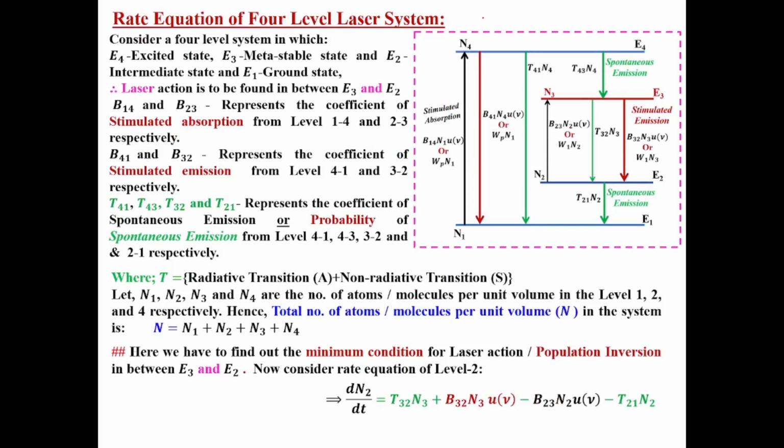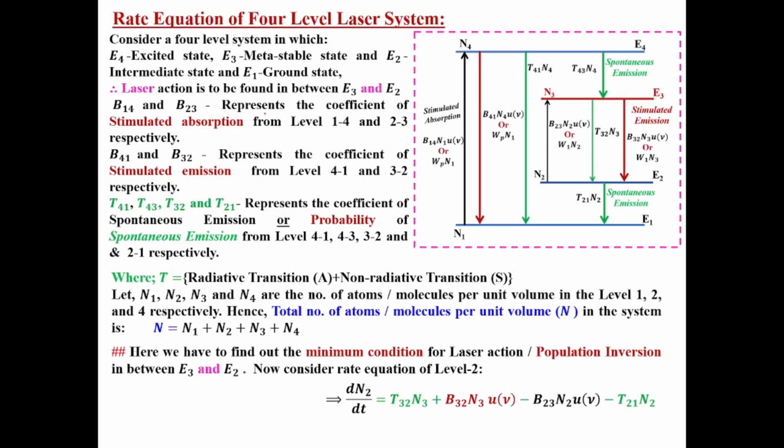So I suggest that before you watch this video, you go through the rate equation of the three-level laser system and Einstein's A and B coefficients. Then you can understand this video easily. Okay, now we are going to start this topic.